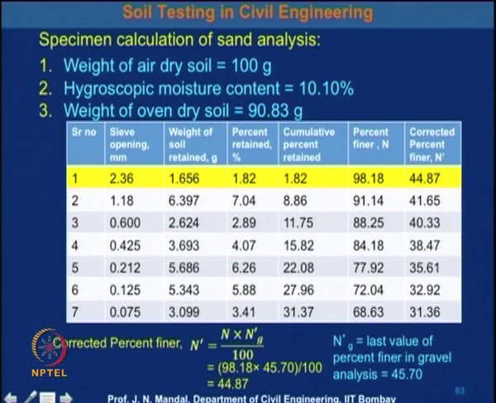Now, you have to calculate the corrected percentage final, that is N dash. The corrected percentage final N dash can be calculated as N into N dash G by 100. Here N dash G is the last value of the percentage final in the gravel analysis, that is 45.70.